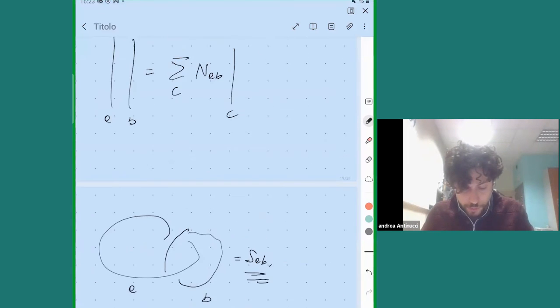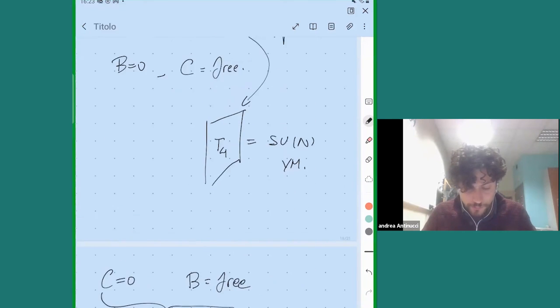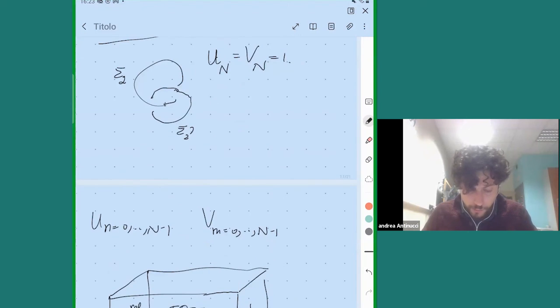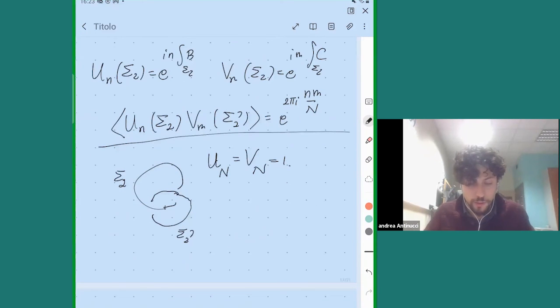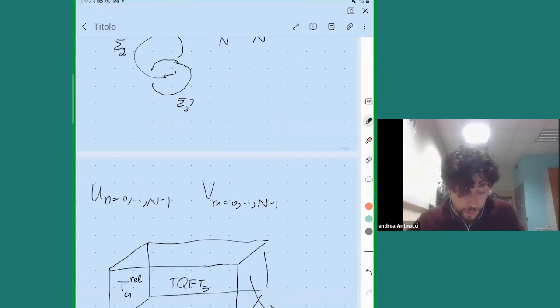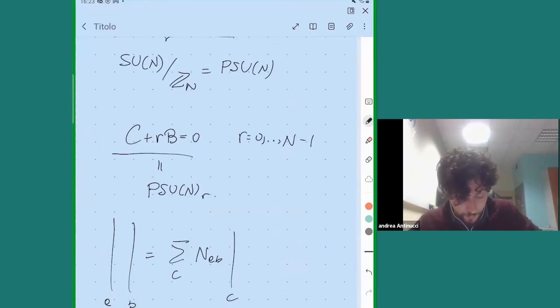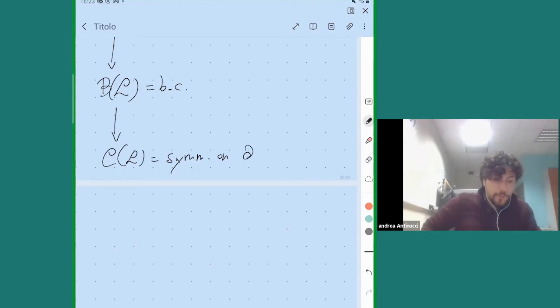You can describe what I told you about SU(N), PSU(N), and PSU(N)_R precisely in this language, where the defects you are talking about are these Wilson surfaces of B and C, this U and V. For instance, the boundary condition B equal to 0 means that U can end on the boundary, and V will, on the other hand, be stuck on the boundary, will live there, and will be the topological operators generating the one-form symmetry on the boundary. And so depending on which boundary condition you put, you have a different set of topological operators, so a different global structure. So why is this language useful?